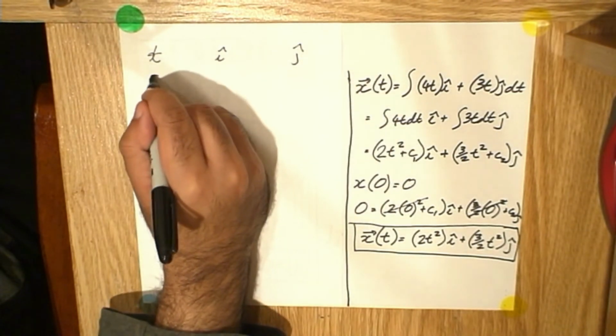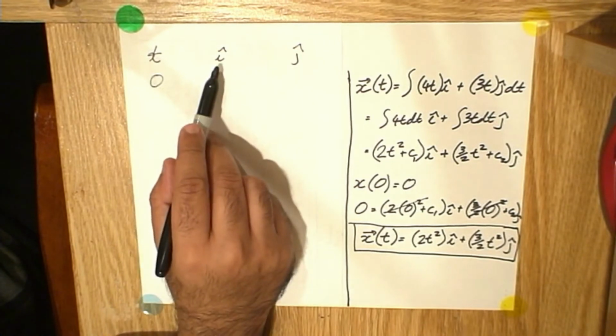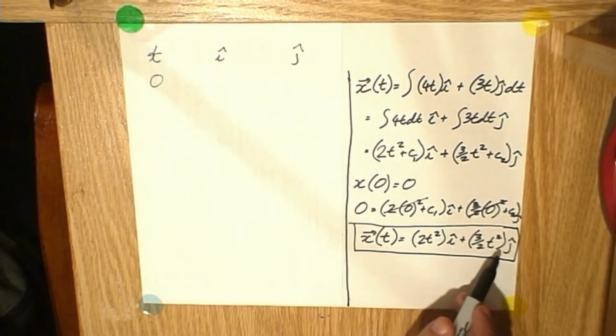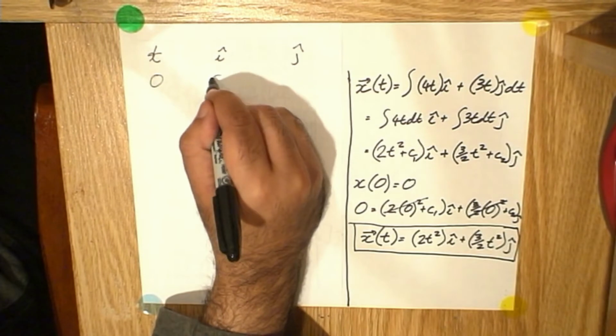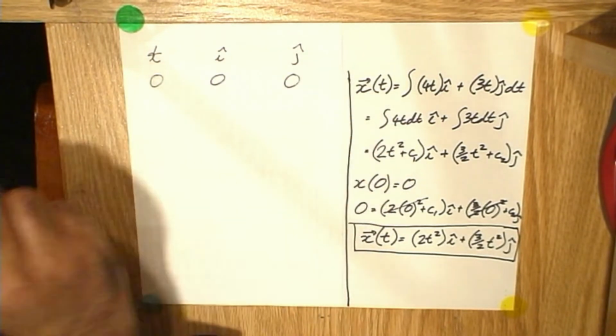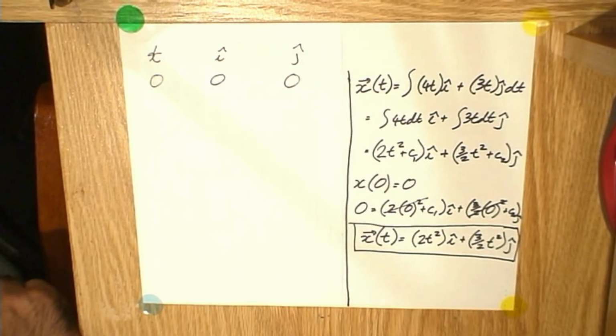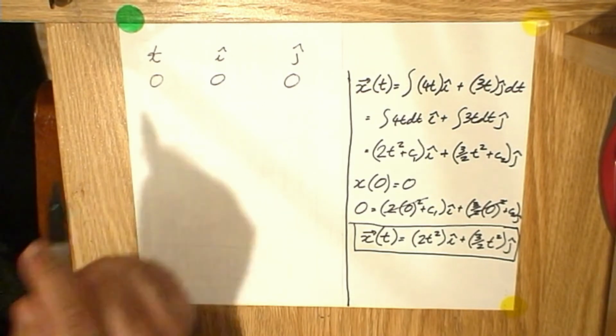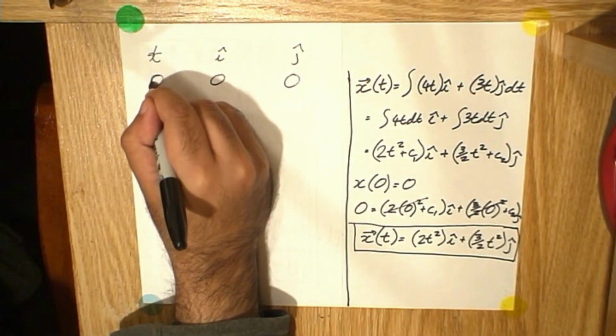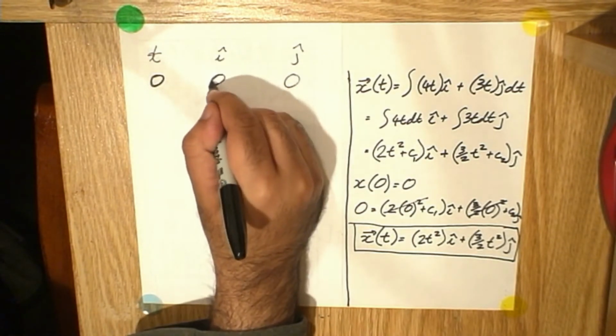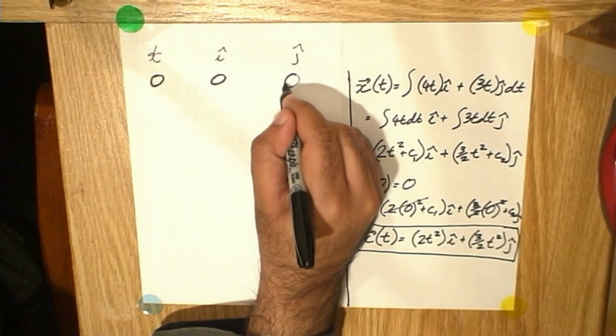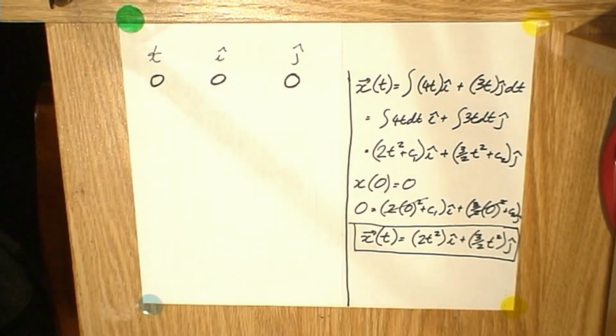So at a time of 0, you would plug in 0 over here, 0 over here. You would end up with 0 for i hat, 0 for j hat. Now, when you start plugging in other values, you would get more information about where this object is over time.